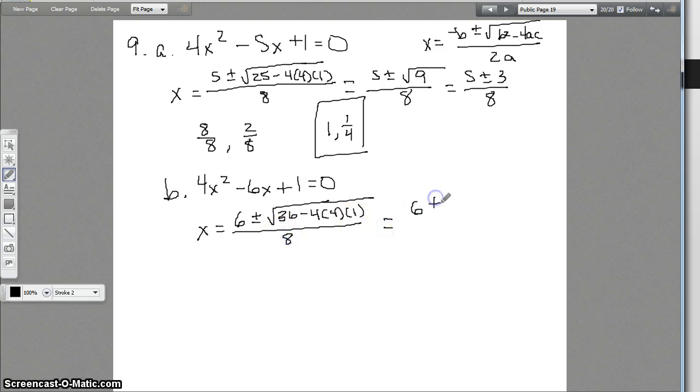So we have 6 plus or minus the square root of 36 minus 16 is 20, all over 8.